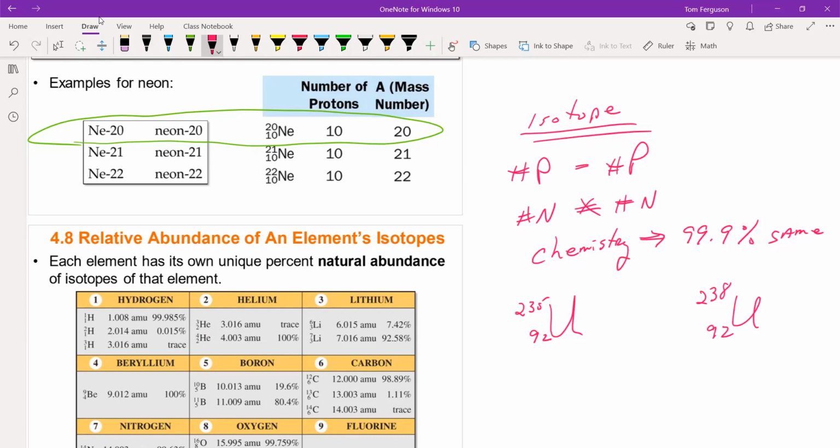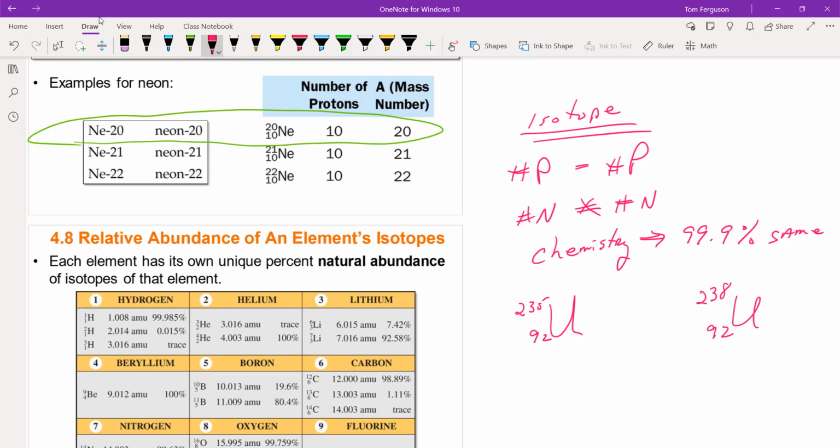And 235 is not very stable at all. That's why there's very little of it. In fact, when you bombard 235 with a neutron, it becomes U-236 and splits apart, called fission, and gives off tons and tons of energy. And that's how the first atomic bomb worked. And most atomic power plants work on that same principle. Much more controlled, though.